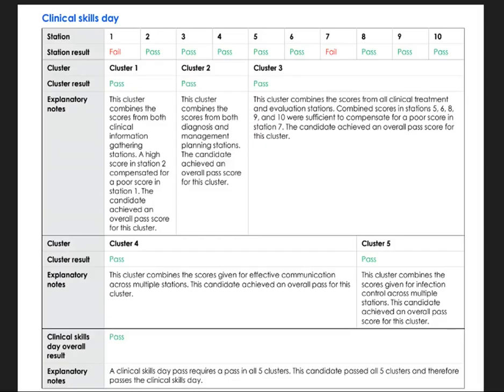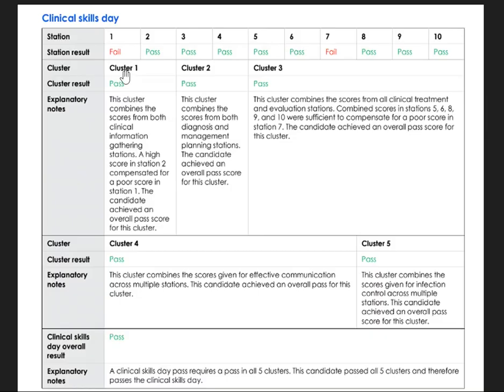Now, if you see this clinical skills day result card, which is a sample result card that the ADC has in its ADC assessment handbook. So it's just for the understanding of the candidate. Now, if you see over here on the clinical skills day, you have 10 stations, right?